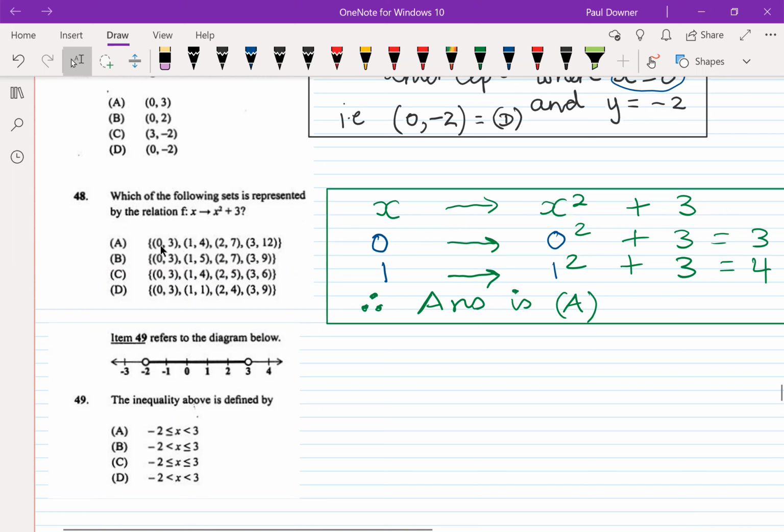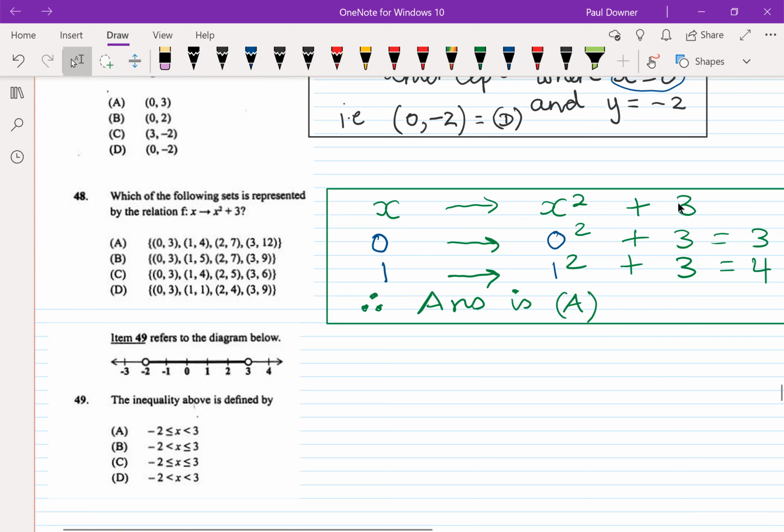If these points follow this rule, then if I use x as 0 in this relationship, I'm supposed to get y as 3. Let's see if that's happening. I'm going to use x as 0 in x squared plus 3.